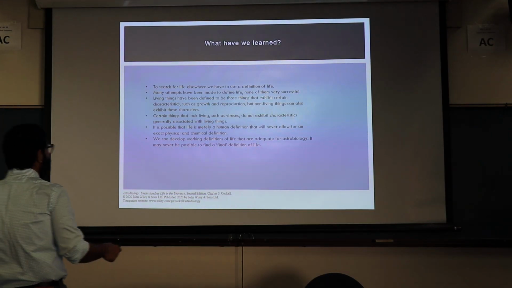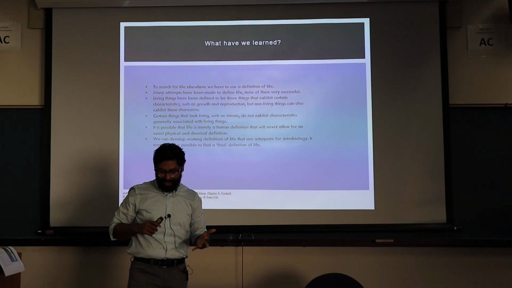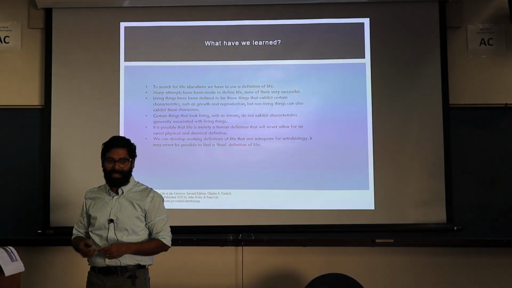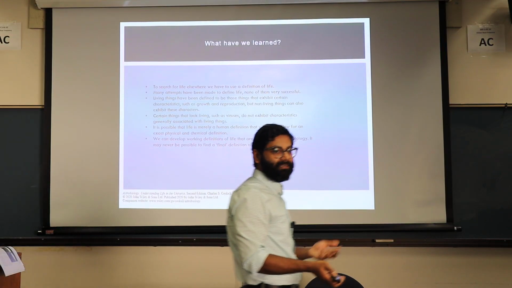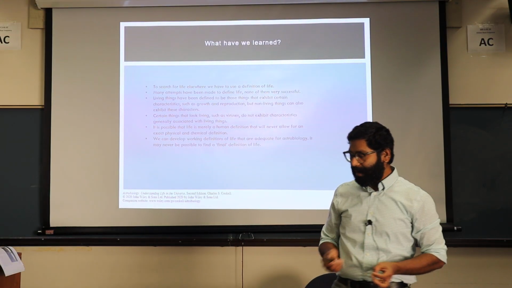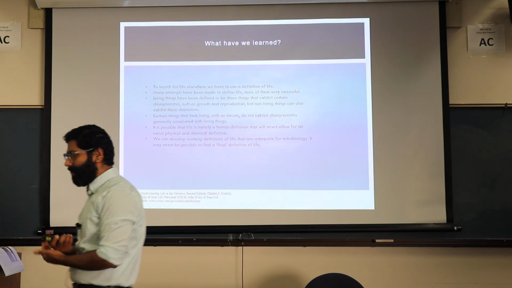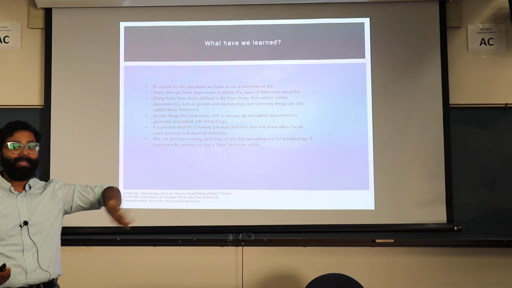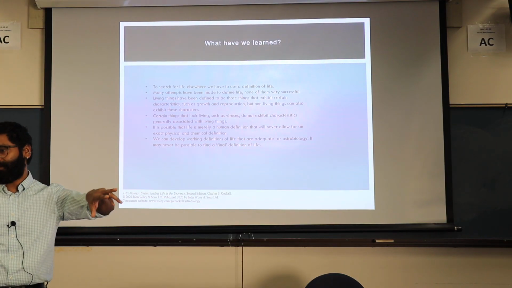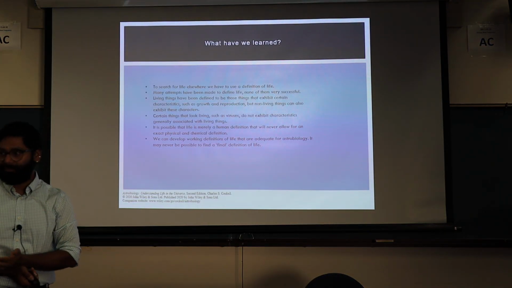So in this kind of exercise, what we are trying to understand is there could be working definitions of life, but not necessarily that these definitions are going to check all the boxes for all the living beings that we generally think of as living. Okay.